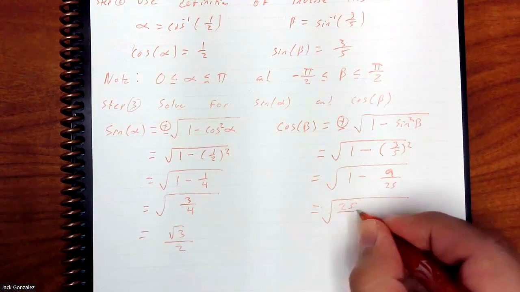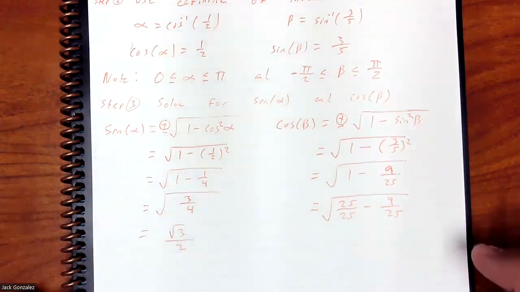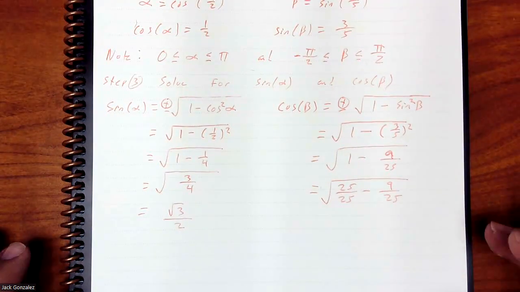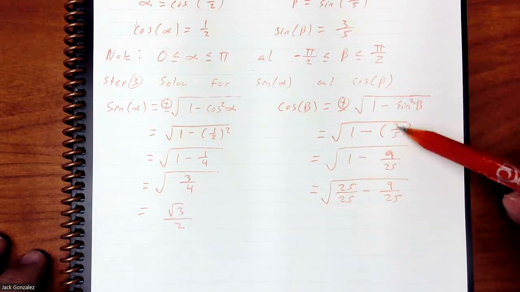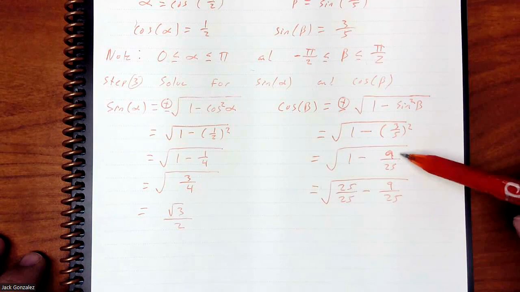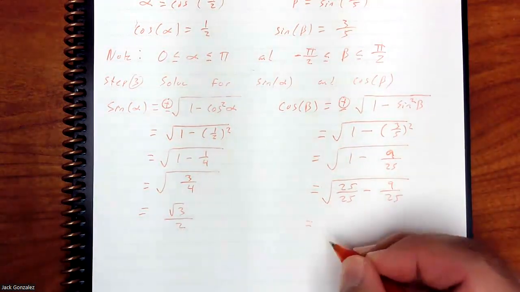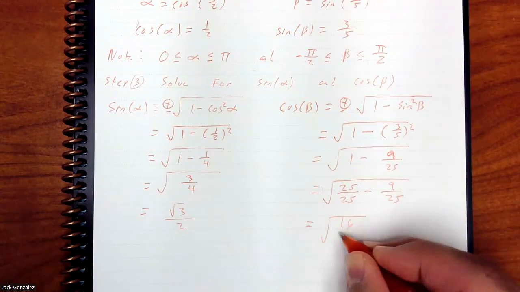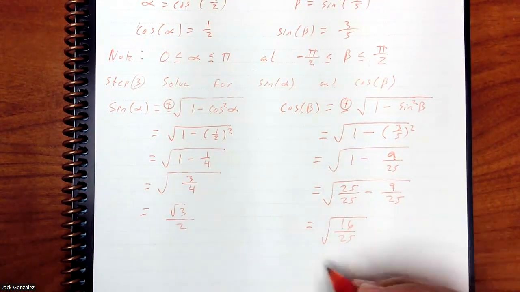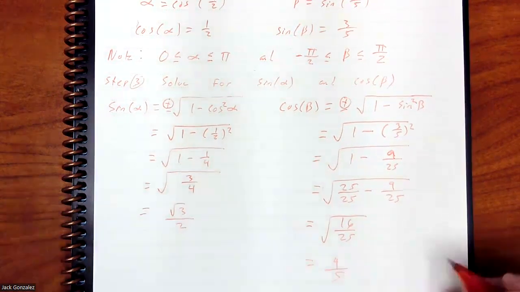Doing the fraction step again, change this to 25 over 25. 3/5 squared is 9/25. Do the math here. You should get the square root of 16 over 25, which will give you a 4/5.